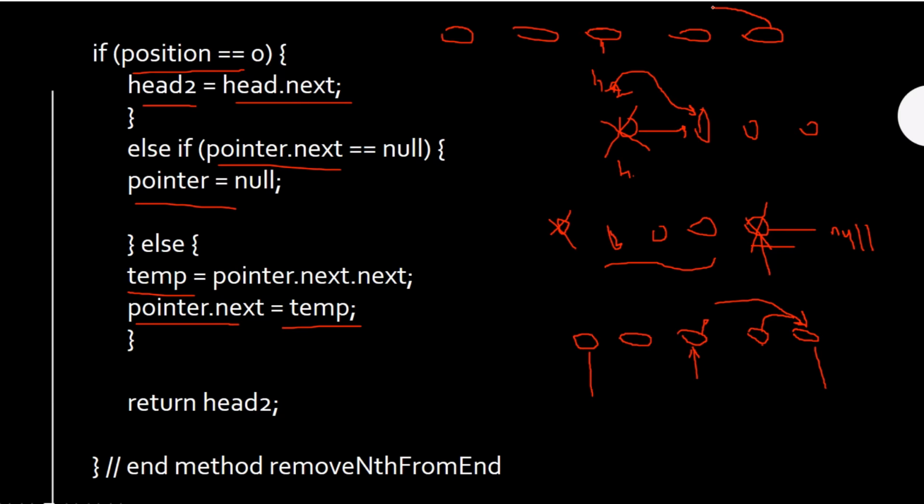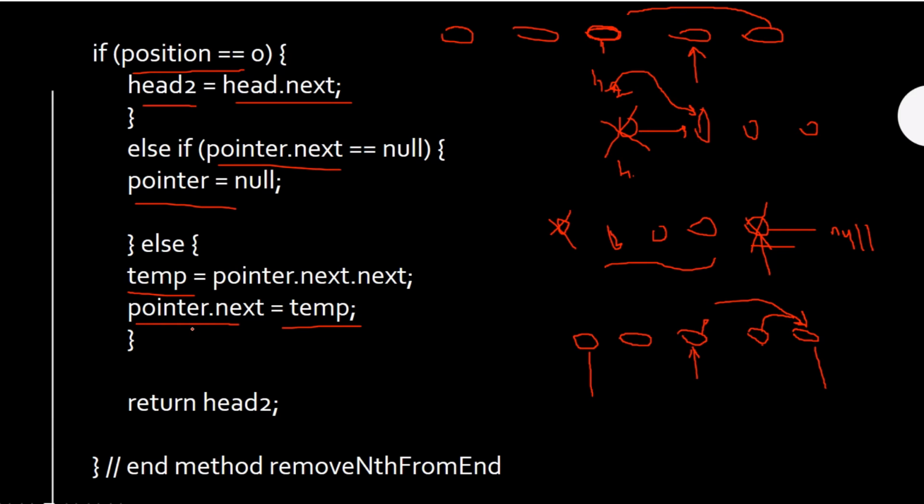So I am initializing this already. This is the one that I want to delete. This is the one to be deleted. So I'm initializing temp to be this pointer dot next dot next, which is this.